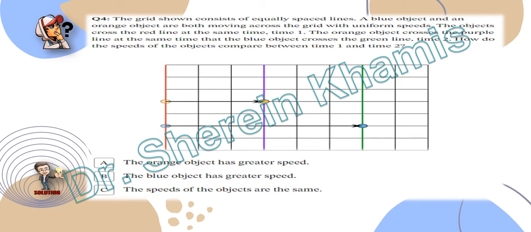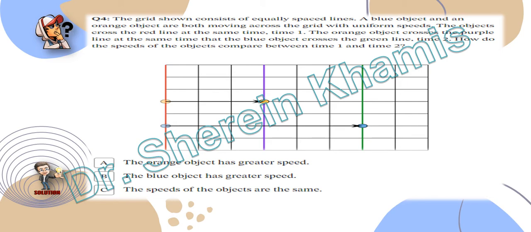Okay, so they started moving from the red line at the same time. One of them, the orange object, reaches the blue line, and the blue object reaches the green line. Okay, how do the speeds of the objects compare between time 1 and time 2?